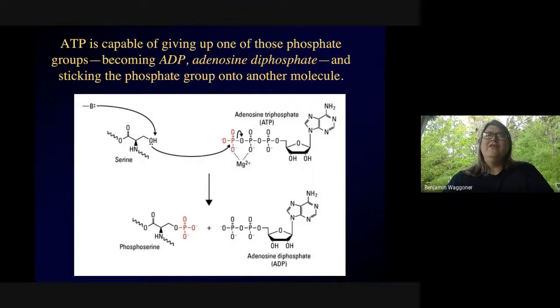The reason this matters is that that gives an energy boost to that molecule. Remember, chemical bonds store energy. So that serine not only has a phosphate stuck on it, it has some additional energy that might be used to break down or otherwise modify the serine. There's a lot of chemistry that doesn't happen unless you can stick a phosphate group on first.